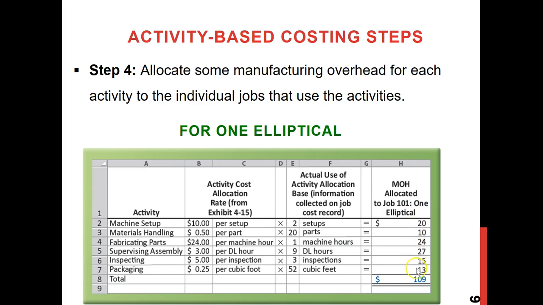And if you add all those costs, you will find that the total allocated manufacturing overhead cost to produce one elliptical is $109.